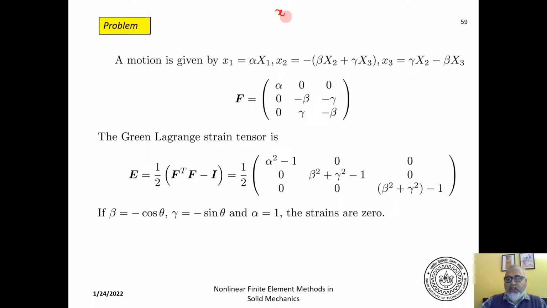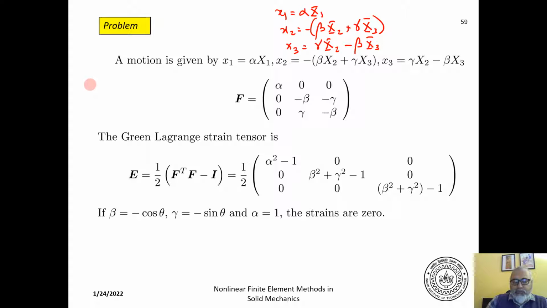So here's a motion. Small x1 is alpha capital X1, small x2 is minus beta capital X2 plus gamma X3, and small x3 is gamma capital X2 minus beta capital X3. That's what is given here. Now from this you can easily calculate the F. So remember, Fij is del small xi del capital Xj, right?